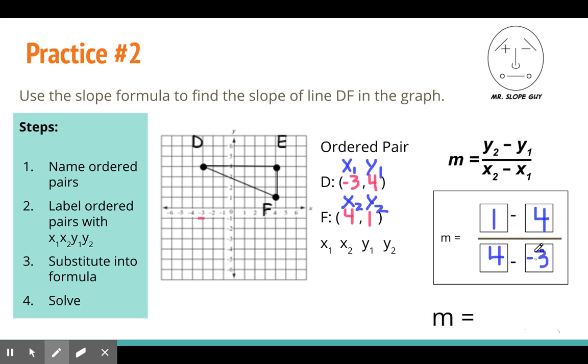You need to put that in the calculator exactly the way it is. And I can even show you on the Desmos calculator, you can put this entire fraction in your calculator exactly the way it is. So I'm going to write this down, and we're going to go back and forth to put it in our Desmos calculator correctly. So 1 minus 4 over 4 minus a negative 3. You need to write it exactly like that in the calculator.